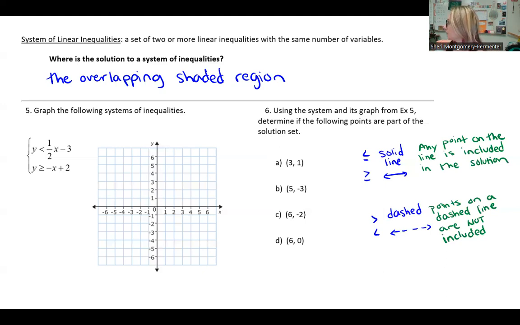There's a couple other things that we want to review before we actually go to graph. When we go to graph, we're going to be shading things that are greater. So we have a greater than symbol, and when you have things that are greater than, you could have a line that is like this, or a line that's like this. One is positive and one is negative. You could have one of each of them.